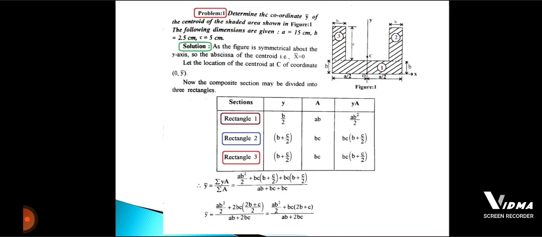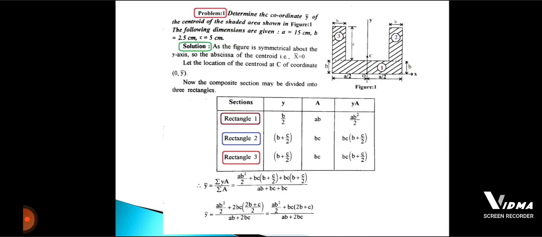In this diagram, the channel section shown in figure 1, the figure is symmetric about the y-axis. So here x bar equals 0, and the centroid lies on the y-axis. Let the location of the centroid C have coordinates 0, y bar.